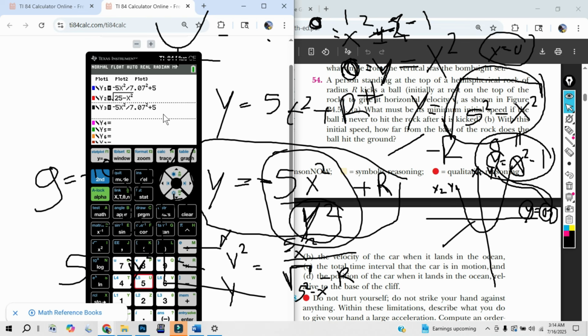Oh, yeah, because we're putting them equal to each other, but we're trying to have this as a parameter that we're trying to solve for.